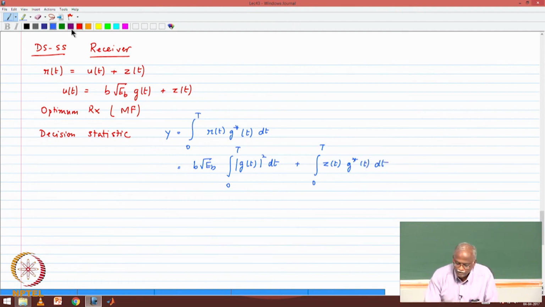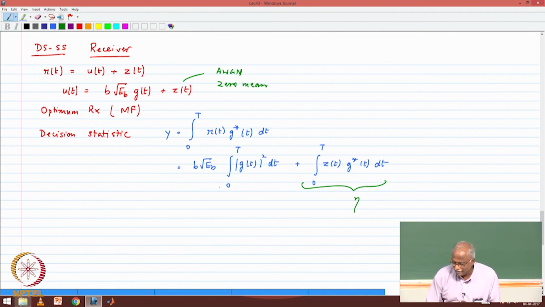We will call this a noise term eta, and we have made the assumption that this is AWGN, zero mean, some impairment that has happened.